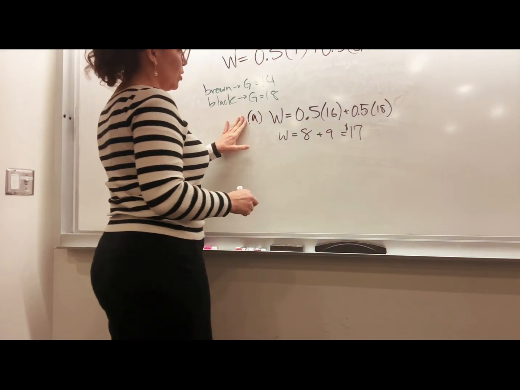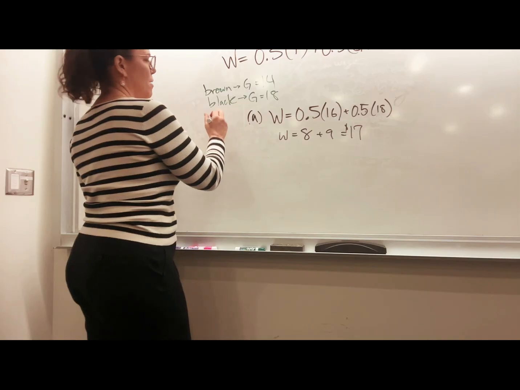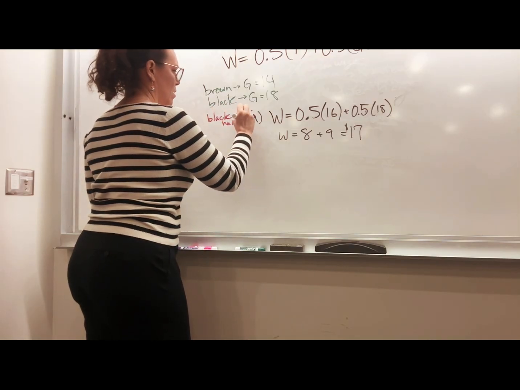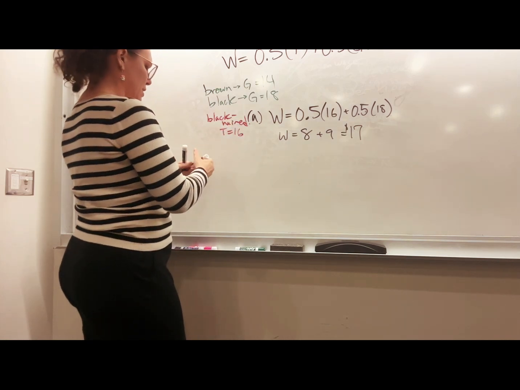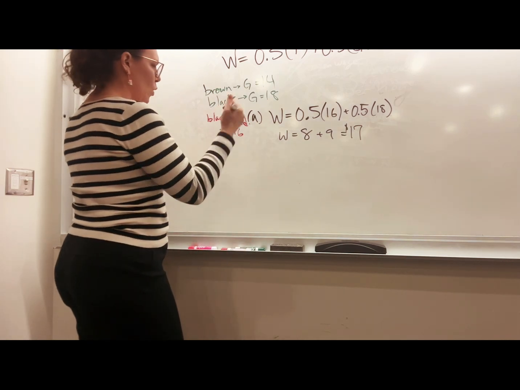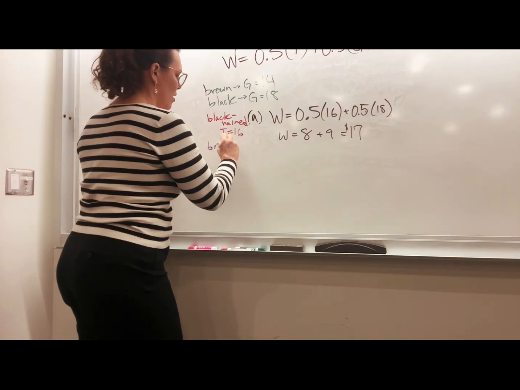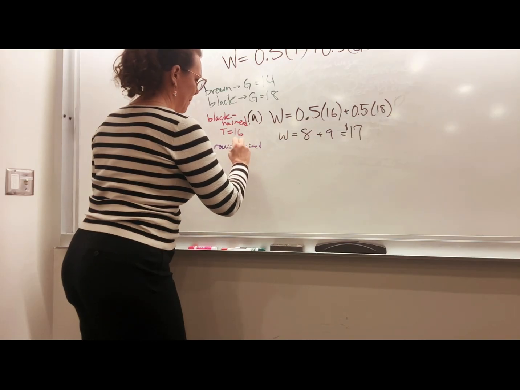So we have this worker, worker A, a black-haired worker with a test score of 16. Now we want to see what the test score would have to be for an equivalent brown-haired worker.